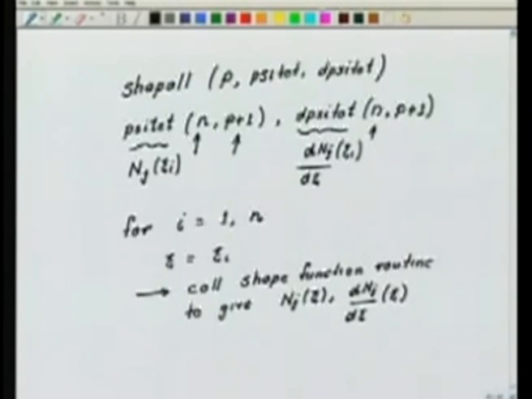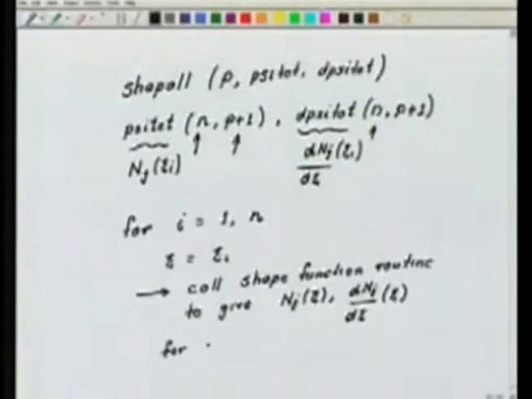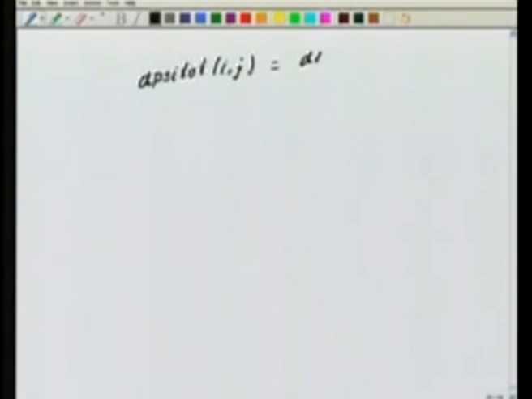Okay. Now, for j equal to 1 to p plus 1, I am going to do the following: PSI dot (I, j) is equal to N_j at this point psi. Similarly, DPSI dot (I, j) is equal to dN_j/dpsi at this point psi. Then I can end the loops.